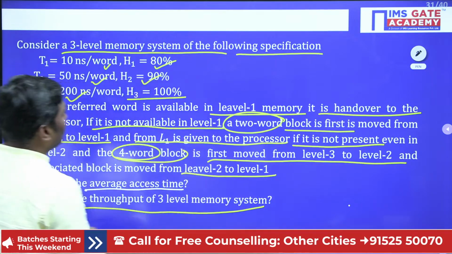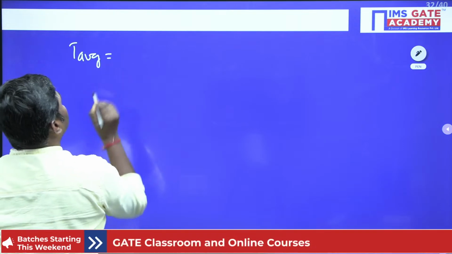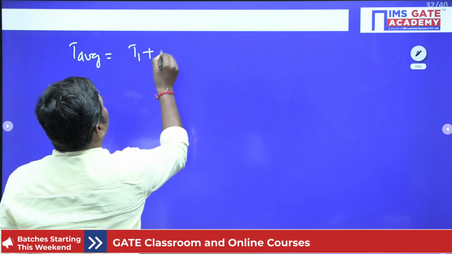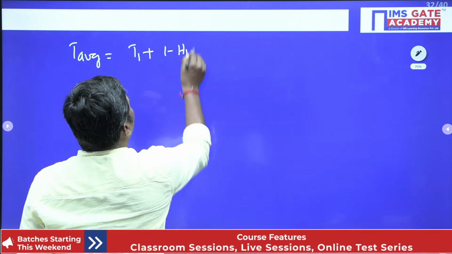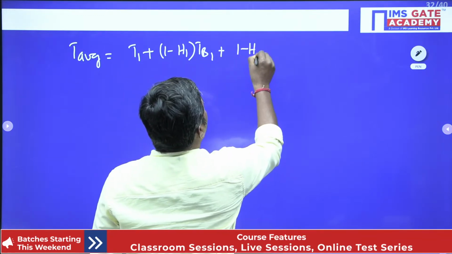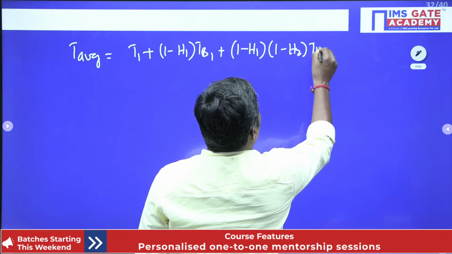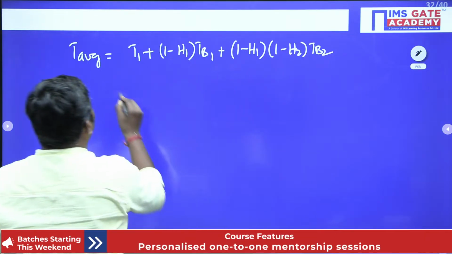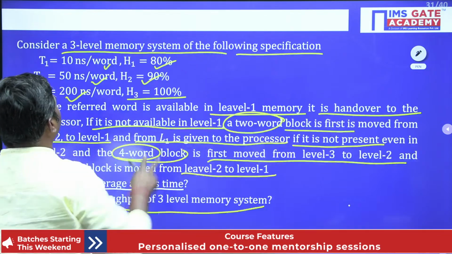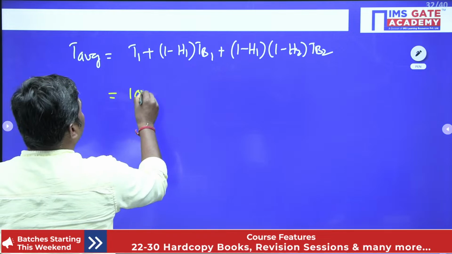So we can use a formula. What is the formula? T average access time equals T1 plus (1 minus H1) into T block 1 plus (1 minus H1) into (1 minus H2) into T block 2. What is the T1 time? The times are 10, 50, 200 nanoseconds, right? T1 is 10 nanoseconds.